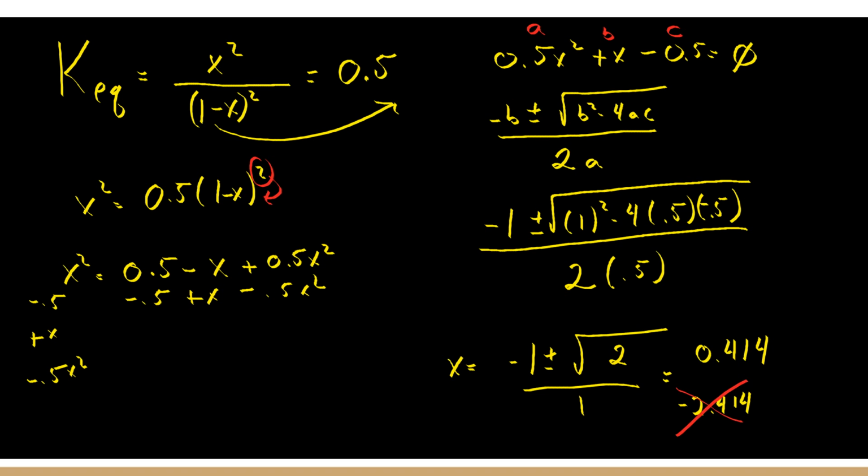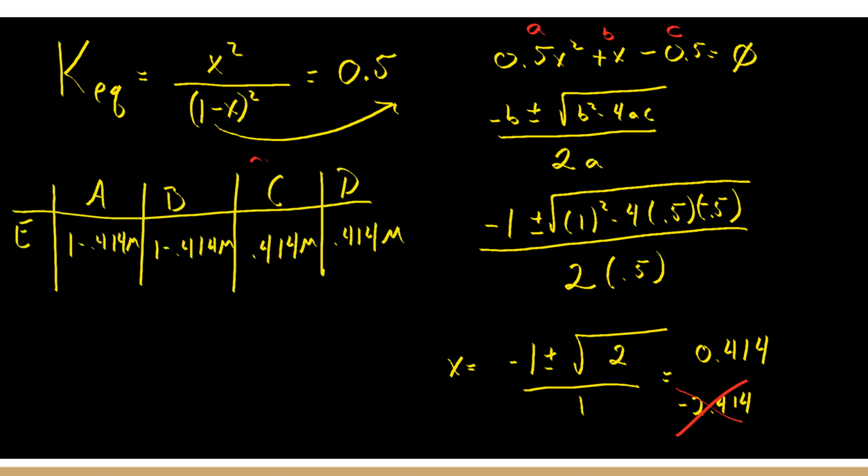So what we do is we go ahead and plug that value of x into our ICE table down there in the E line, the equilibrium line, so that we can double check and make sure that our work makes sense and gets us the right answer. So when you do that, you get that A's equilibrium value is 1 minus 0.414, B is 1 minus 0.414, C is 0.414, and D is 0.414.